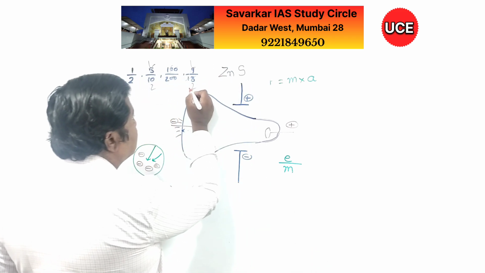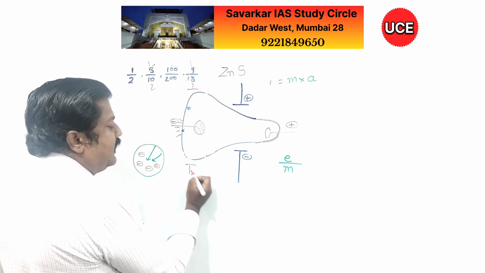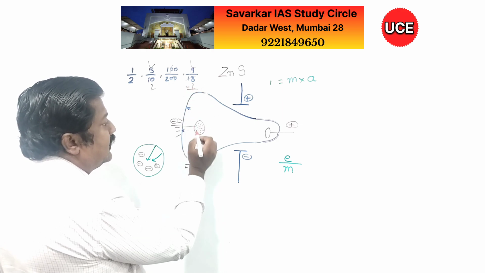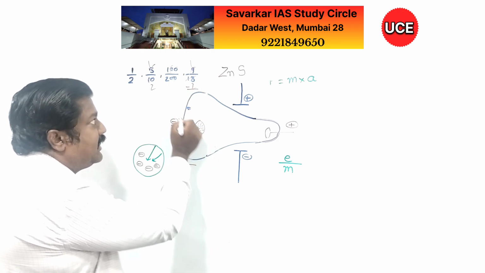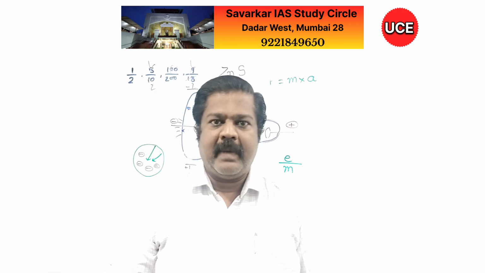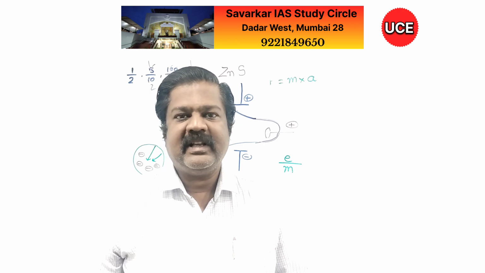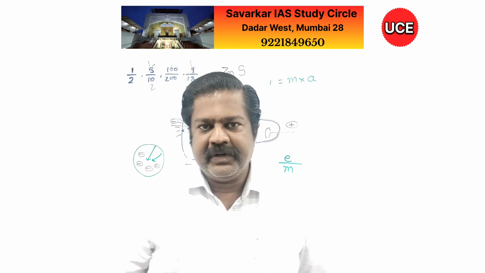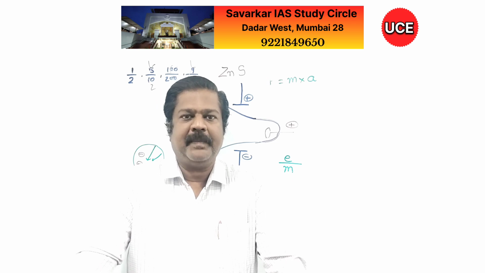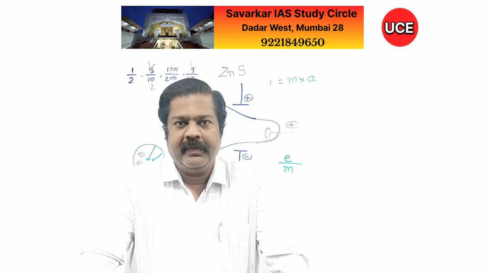Then he applied an external magnetic field. In the case of an external magnetic field, it was proved that anode rays get deflected towards the negative part. Therefore, it is concluded that there is a presence of positive charge in the atom. That positively charged particle is named the proton.